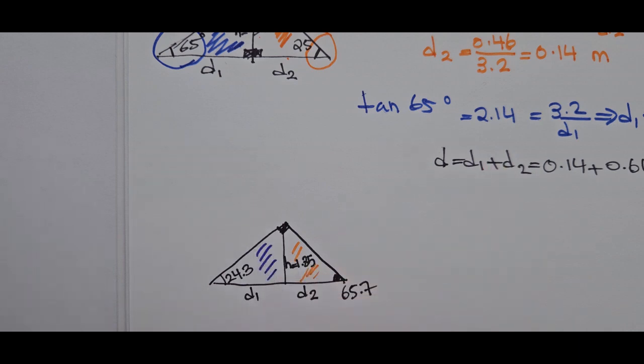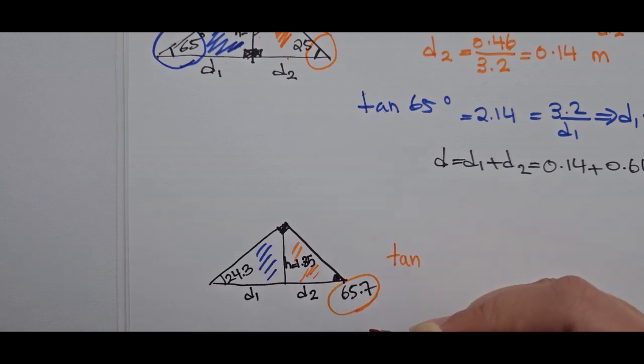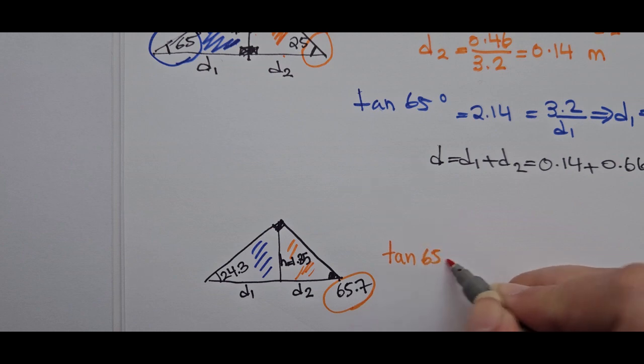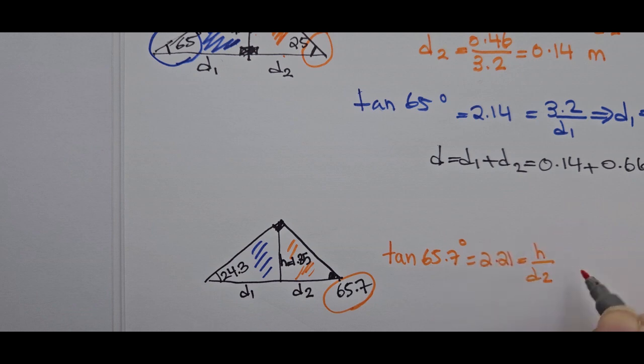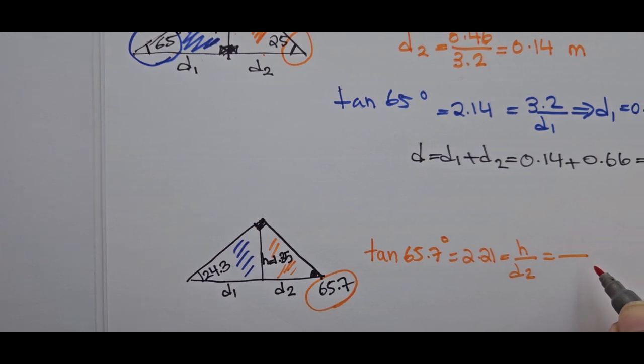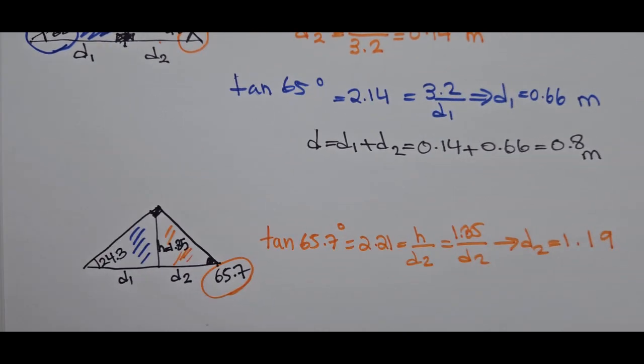Okay, so now let's start with the orange one. Let's say we want to calculate the tan of this angle. Tan of 65.7 degree would be 2.21, which is equal to h over d2, and h is given to you, it is 1.81. So 1.81 over d2, and from here d2 would be 1.19.